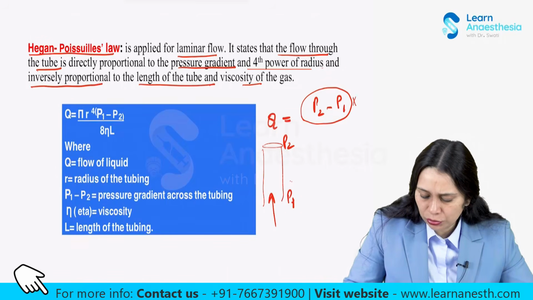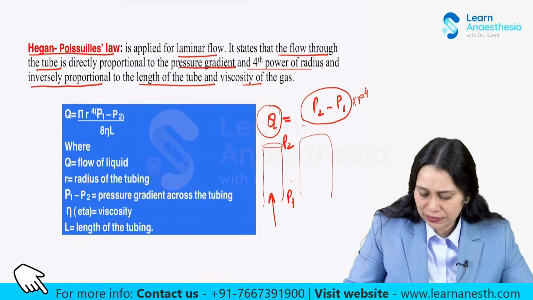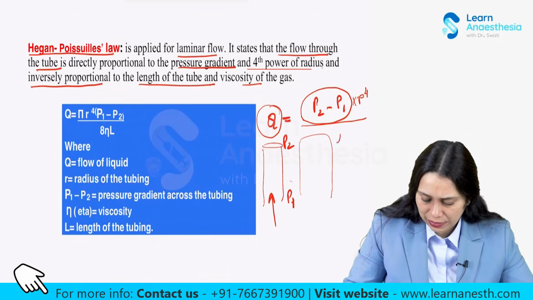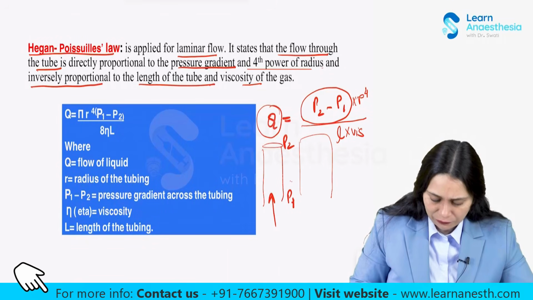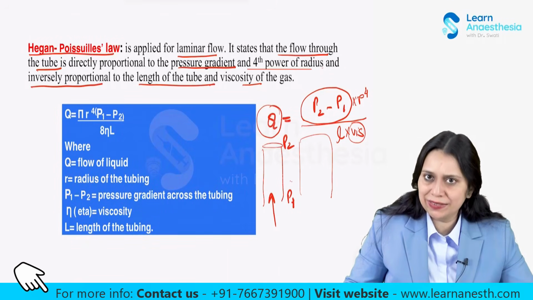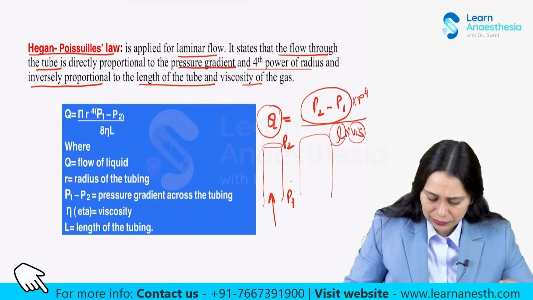Flow is directly proportional to the radius to the power of 4. The greater the radius, the better the flow. It is inversely proportional to the length and to the viscosity. So if the gas is more viscous, the flow would be less. If the length of the tube is more, the flow would be less.